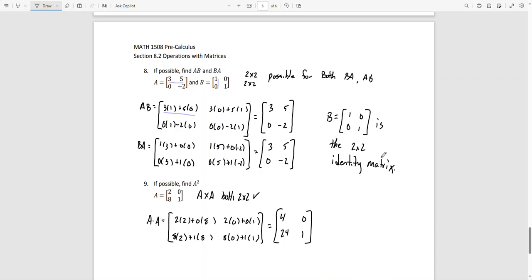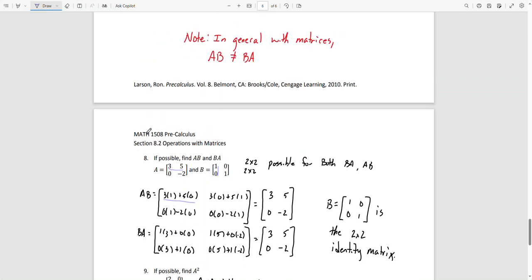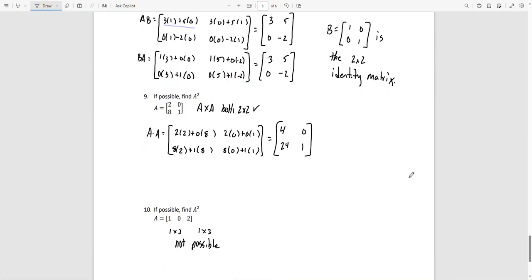It's like multiplying by 1, but the matrix version of 1 is a little more complicated than just the number. Okay, so when we multiply by the identity, we do get the original matrix back, whether we multiply on the right or on the left. Okay, but order matters. This just shows that with the identity, it doesn't matter. In general, it does.